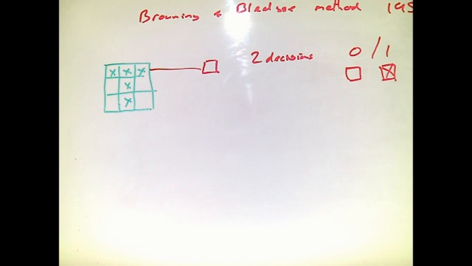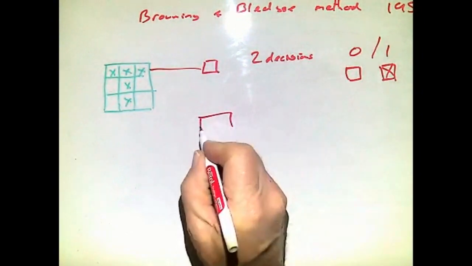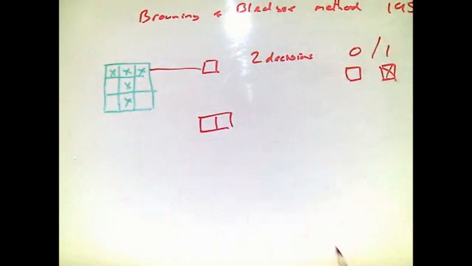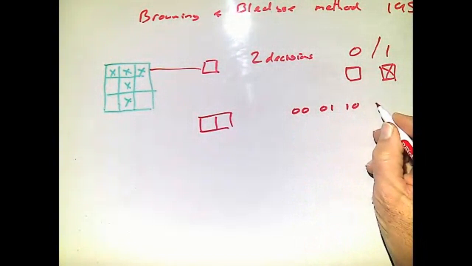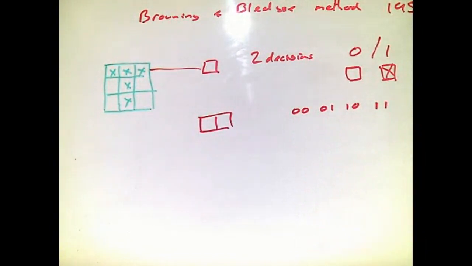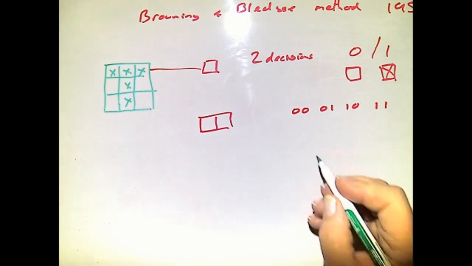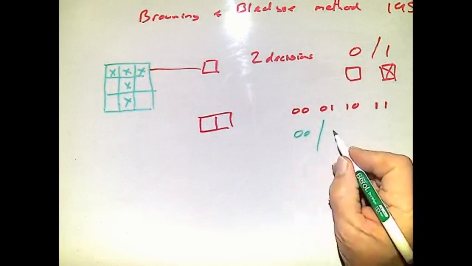Get more pixels. 2 pixels. And how many decisions can I make on 2 pixels? 4. It can be 0,0, 0,1, 1,0, and 1,1. Those are the data that can occur on 2 pixels. And if I want to make a yes, no, a binary decision on those, there are going to be 4 ways of doing it. I can separate 0,0 from the rest.